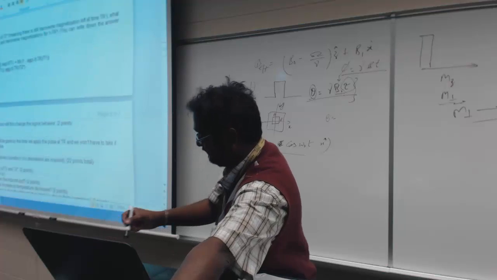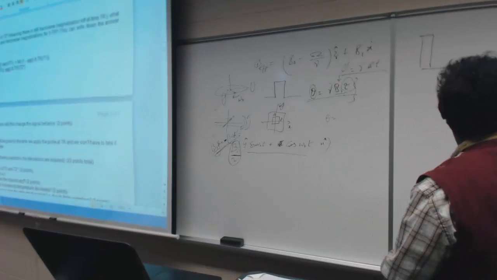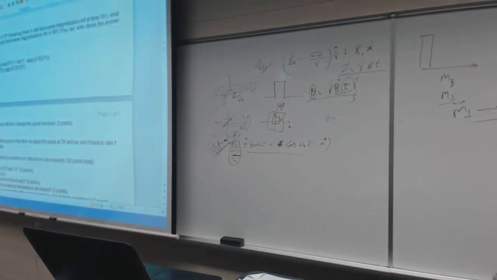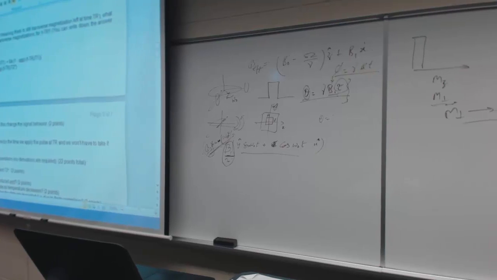The general equation is, so Mz(t) is Mz at time equal to 0. Okay, so the common mistake is they don't remember whether it's T1 or T2.